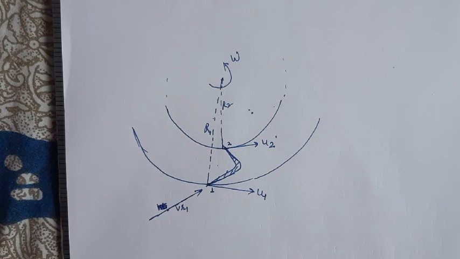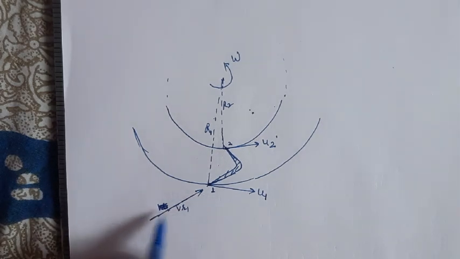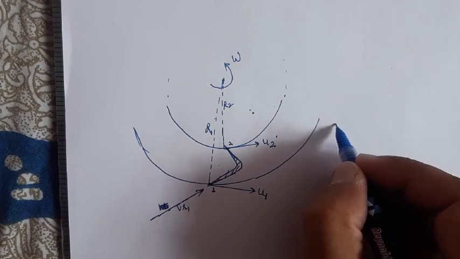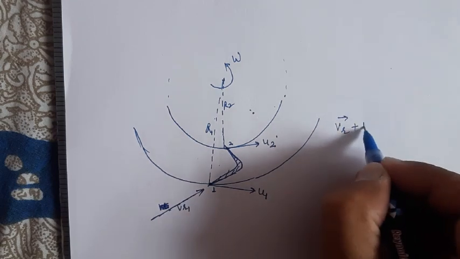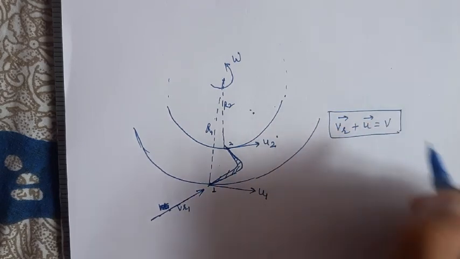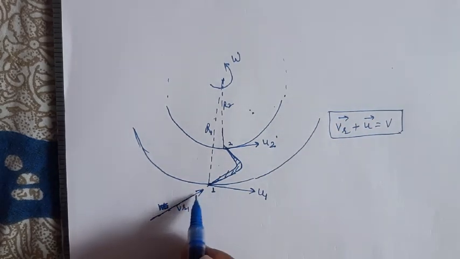If u1 is added to this Vr1, then we have to go with vector addition. Vr plus u equals v, both at inlet and exit. So I have to add u1 to this vector Vr1.